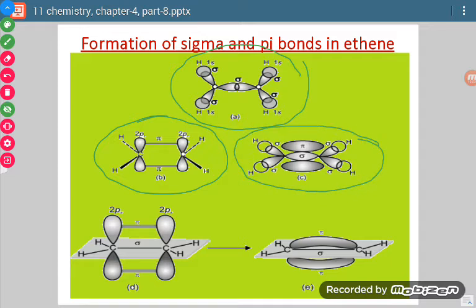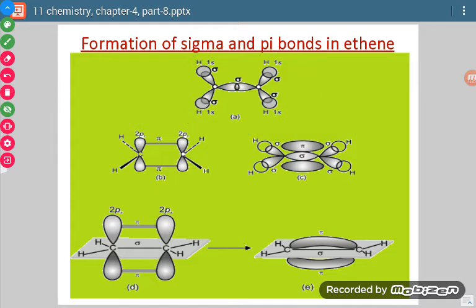When there is pi bond formation, there are two electron clouds, one here and another here. We have discussed earlier that in a pi bond there are two electron clouds. So this is the pi bond and these are sigma bonds.